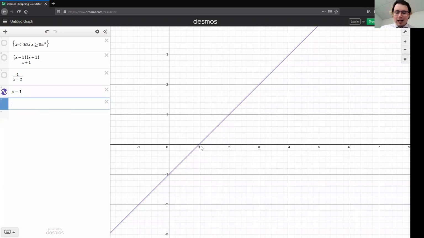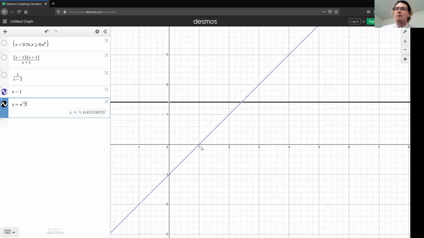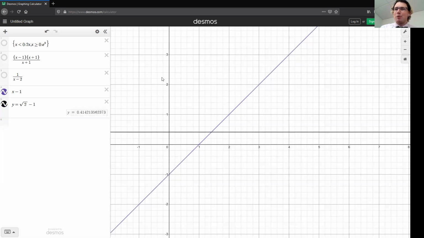So for example, I know that the square root of 2 is a number between 1 and 2. That's too big, so let me subtract 1. Now I have a number between 0 and 1. All right, cool.